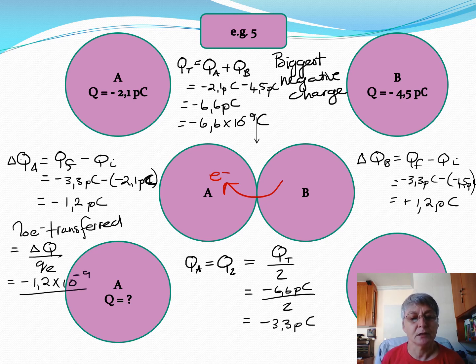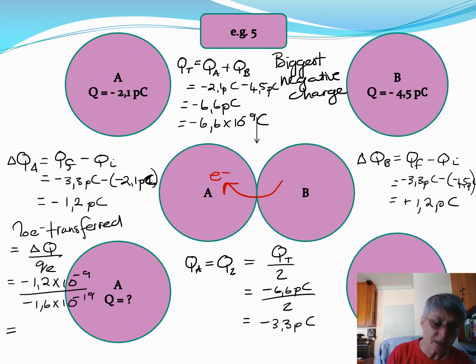Divide that by negative 1.6 times 10 to the negative 19, and we get an answer of 7.5, which is a positive value. 7.5 times 10 to the power 9.